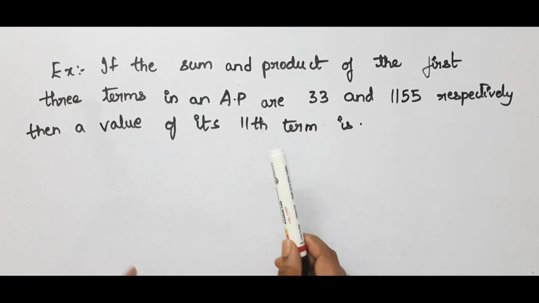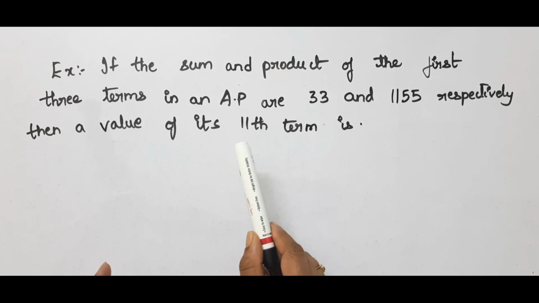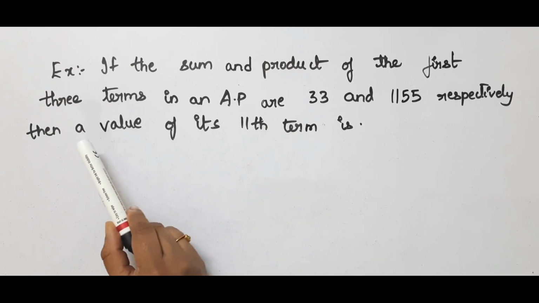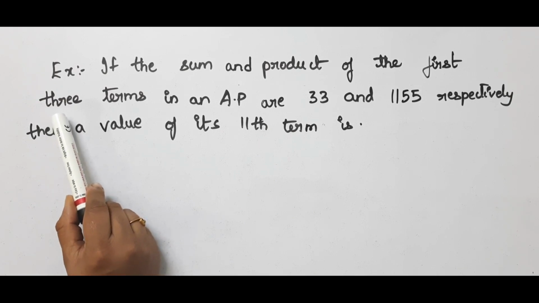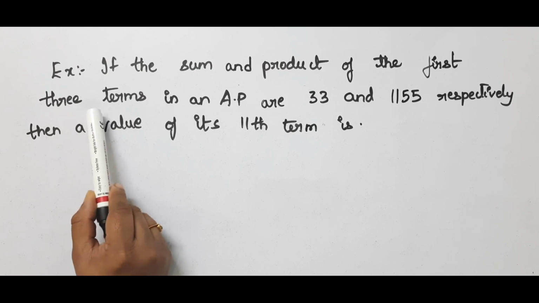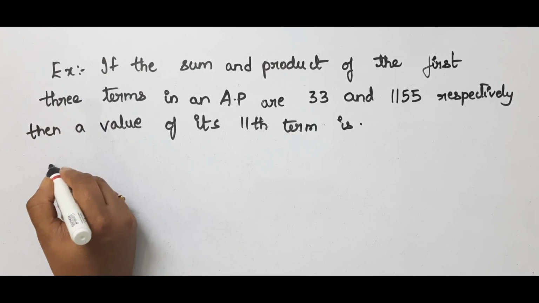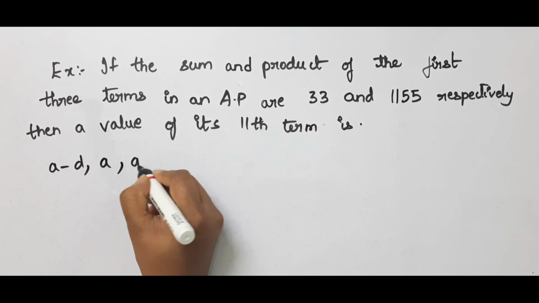When they give an arithmetic progression and don't mention the terms, and it is necessary for us to take terms, first we have to concentrate on the number of terms, how many terms we have to take. Here they have mentioned 3 terms. 3 means odd. So we have to take the same as we have done for the previous problem, that is a minus d, a, a plus d.